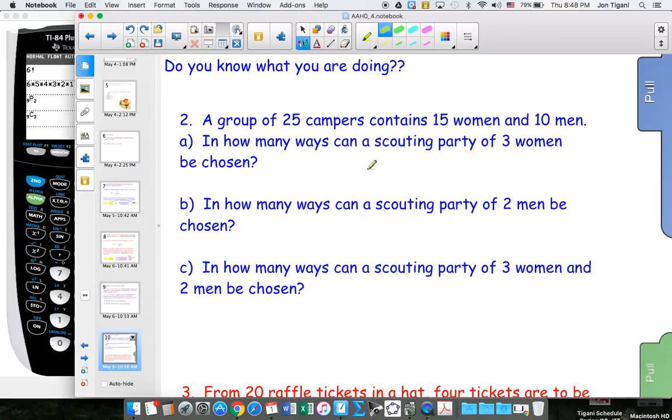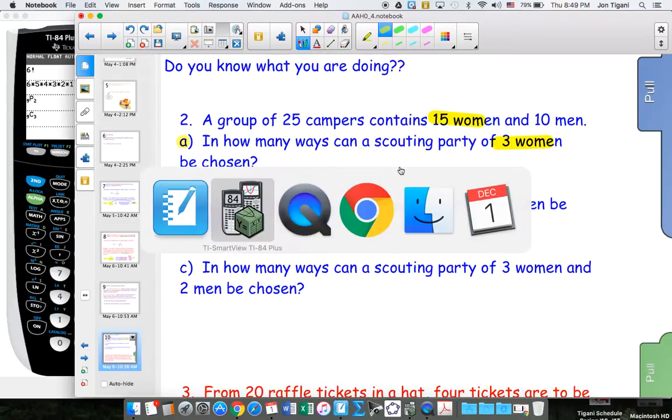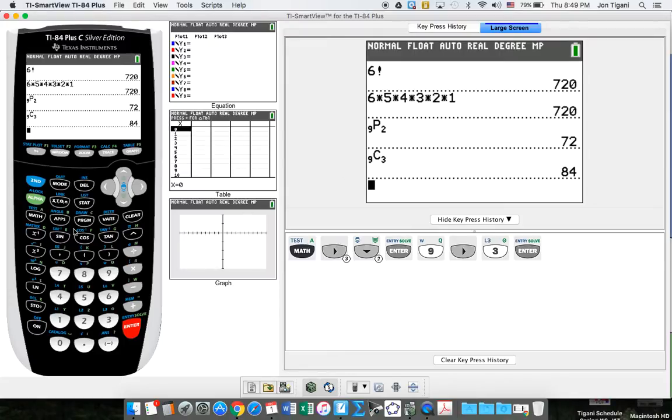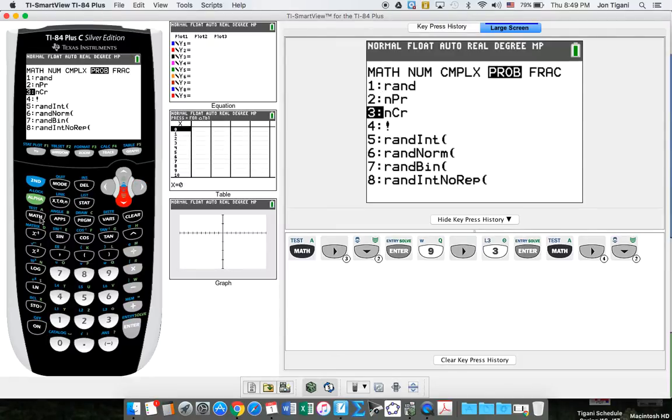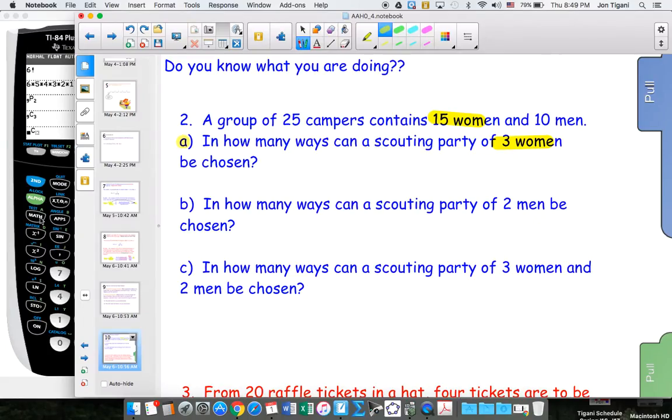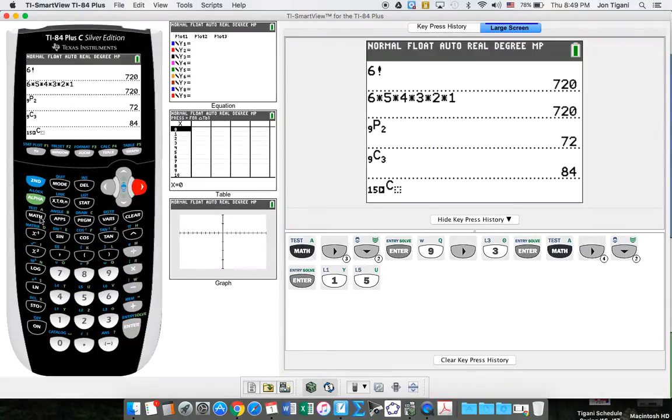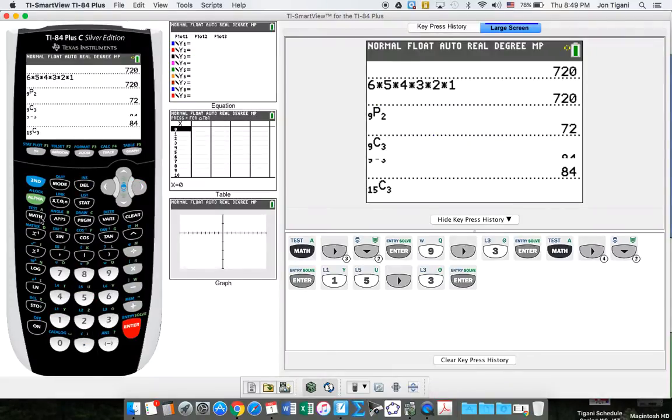We had in part 2 here a group of 25 campers, and this first one, part A, we had to choose 3 women from 15, and the order didn't matter. So we have a combination, and we are choosing from 15 women, and we're choosing a scouting party of 3.